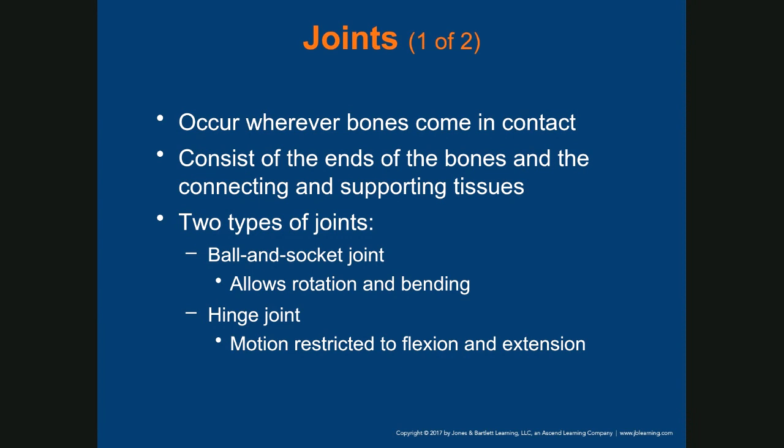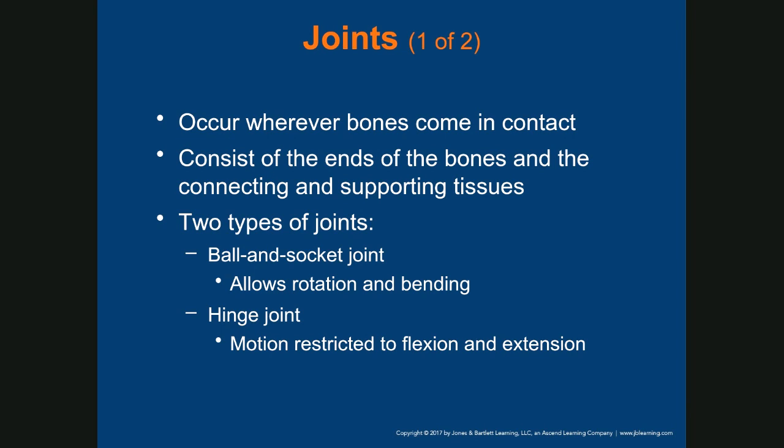You have joints that have limited movement, like the knee joint or the elbow joint. And you have joints that have no movement. An example would be the pubic symphysis, a joint in the pelvic region. It does move. The sutures in the skull are joints that do not move.